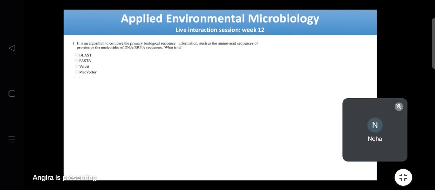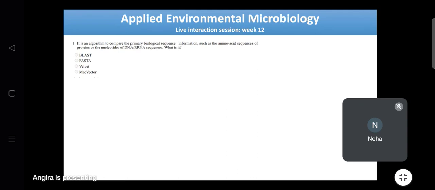So with that, we come to the next question. The next question is: it is an algorithm to compare the primary biological sequence information such as amino acid sequences of proteins or nucleotides of DNA or RNA sequences. What is it?